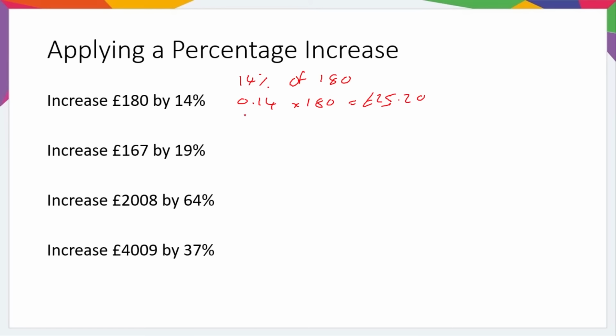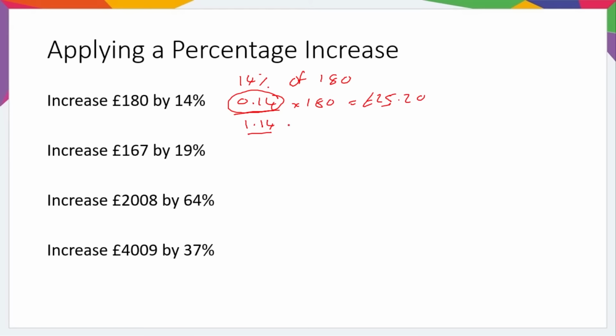Now, rather than use this standard multiplier of 0.14, I'm going to use the multiplier 1.14. So all I'm going to do is add 1 to our standard percentage multiplier, and this is the multiplier we use for a percentage increase.